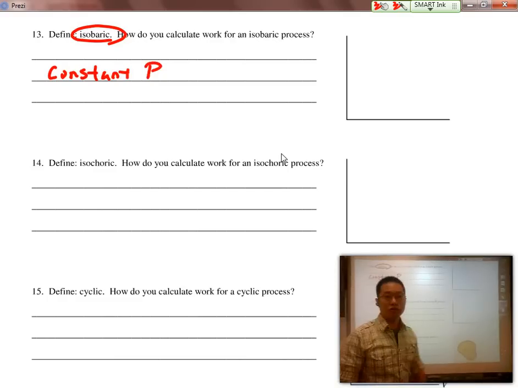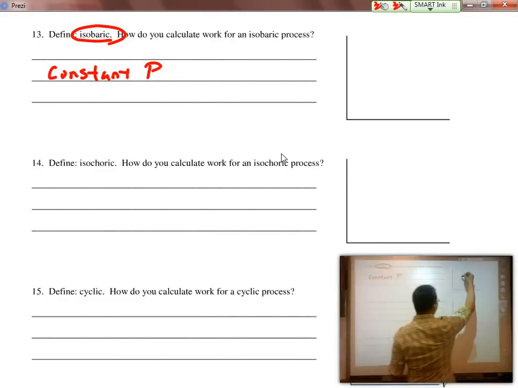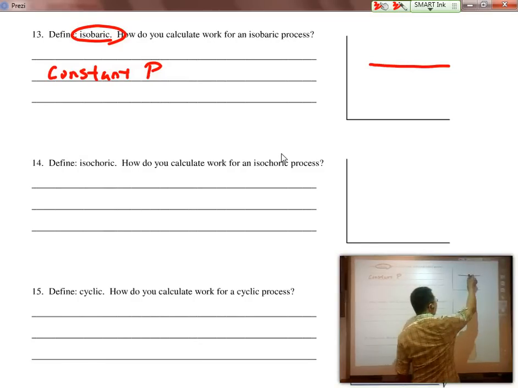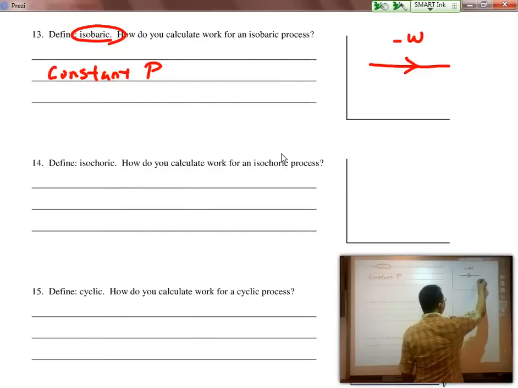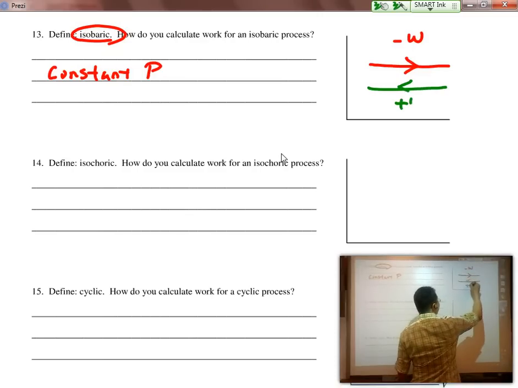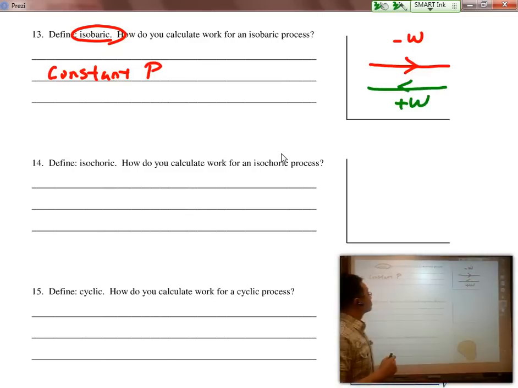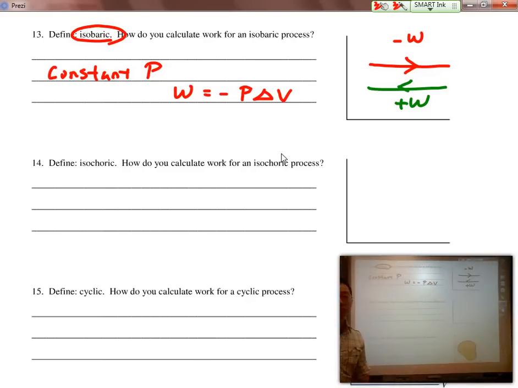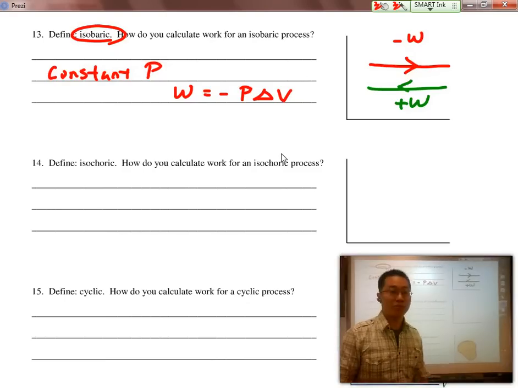There's nothing that really crosses out in this situation, but understand that it's when you have a constant pressure, whether you have a negative work or you have a positive work, and because it is constant, you are allowed to use work is equal to negative P delta V as the formula. So isobaric simply means it's going to be expanding or contracting at a constant pressure.